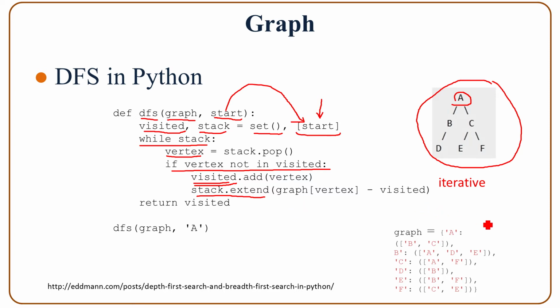So this is the data. The graph is basically a dictionary.